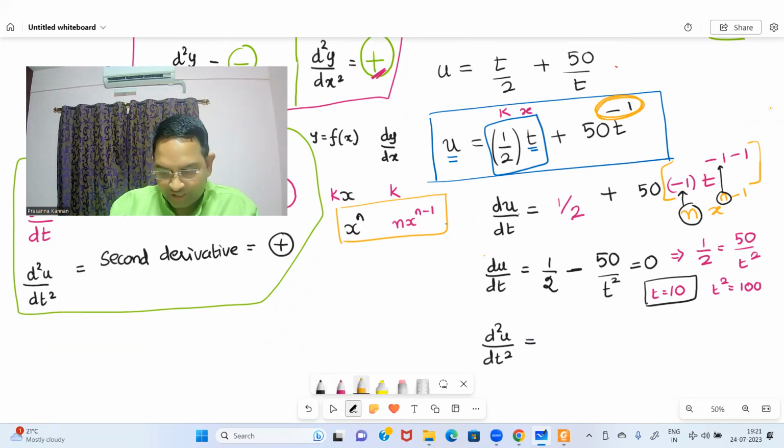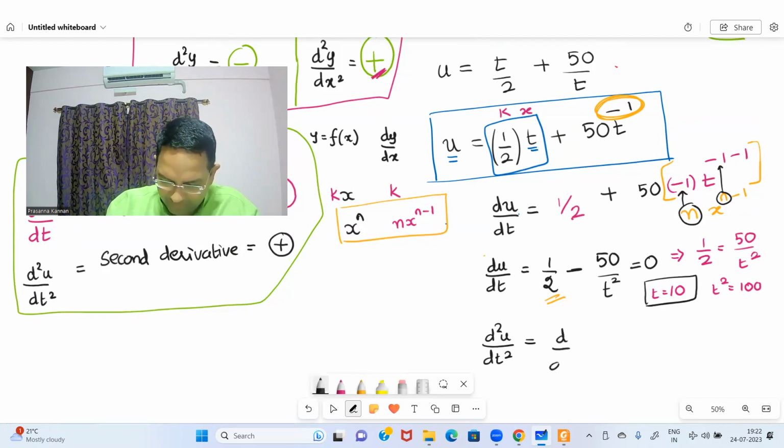What do you get if you differentiate half? It's a constant. So what is the differentiation, students? Zero. When I'm saying d square u by dt square, don't get frightened.